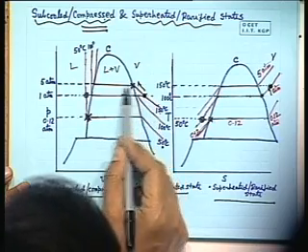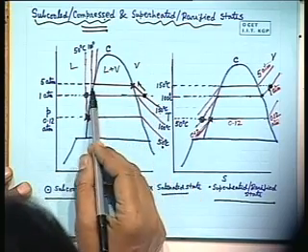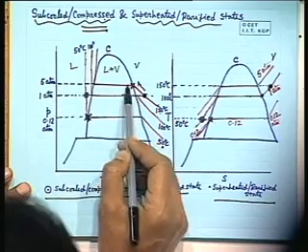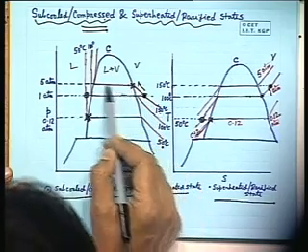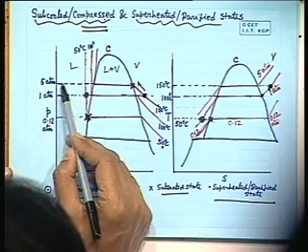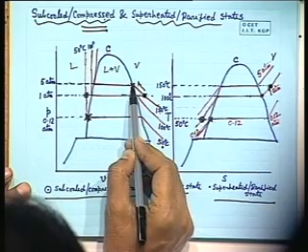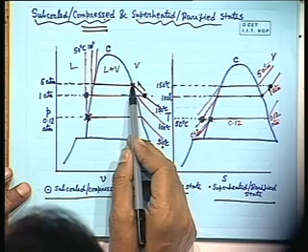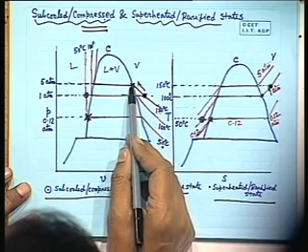That means this pressure line is the higher pressure line, the 5 atmospheric pressure line. For 150 degrees Celsius, the 5 atmospheric pressure line is the saturation pressure. That means 150 degrees Celsius steam can be condensed if I increase the pressure to 5 atmospheric pressure.